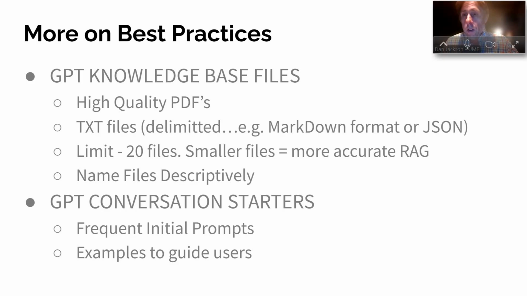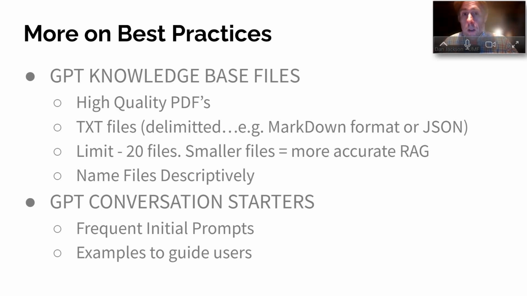And so they should be like a readable text PDF. You can also upload doc files and text files. Doc files are automatically delimited, which is nice, but text files typically may not be. And so using like a markdown format or a JSON format, I found helps quite a bit when you have text information.